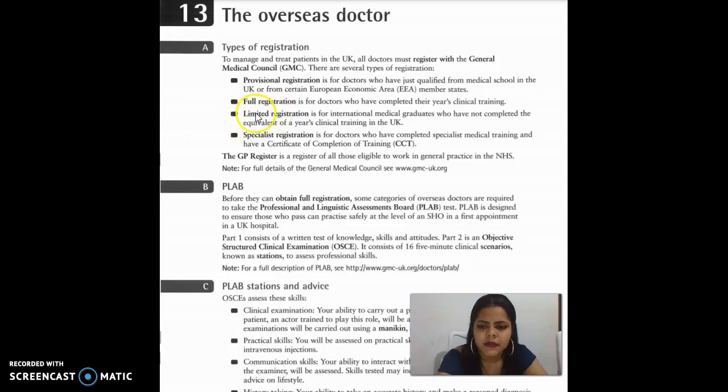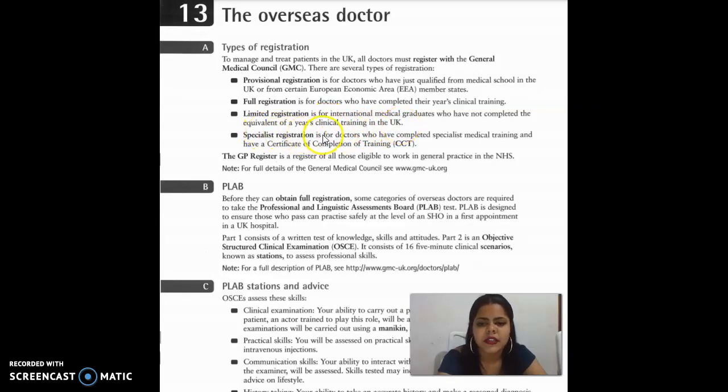Limited registration is for international medical graduates who have not completed the equivalent of a year's clinical training in the UK.